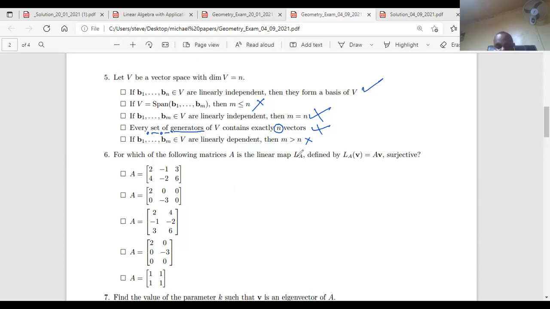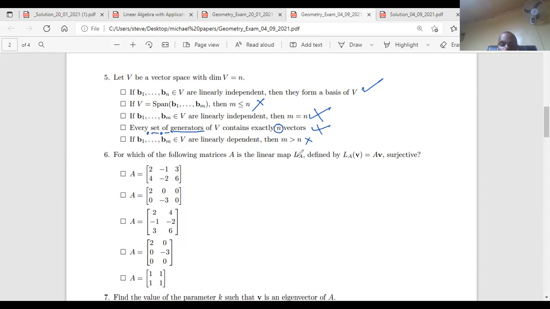So the last one is B1 to Bm inside V are linearly dependent, then M is bigger than N. No, should be wrong. Yes, it's wrong. Yeah. Because in a vector space with dimension V equals N. Wait, why is it wrong?